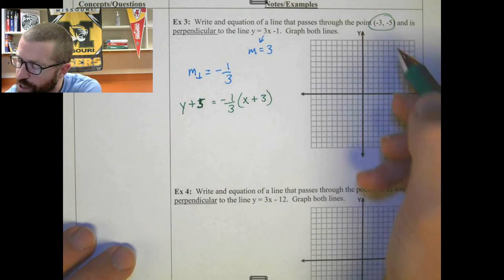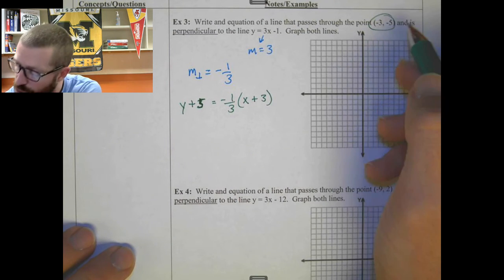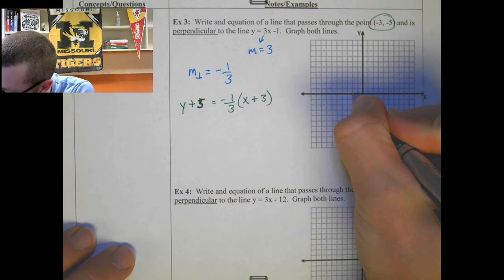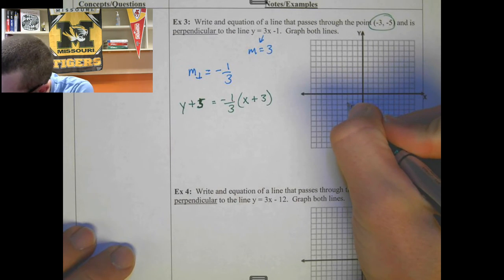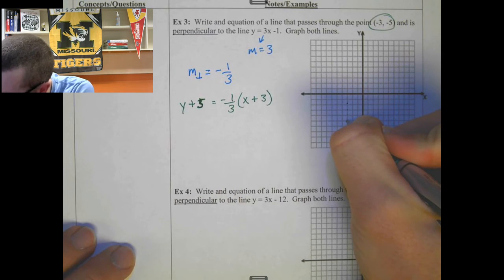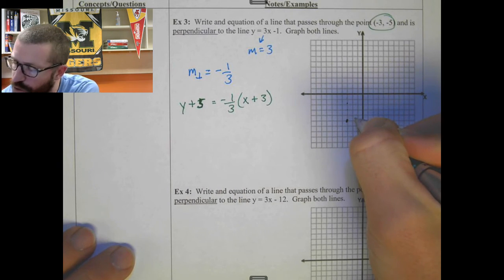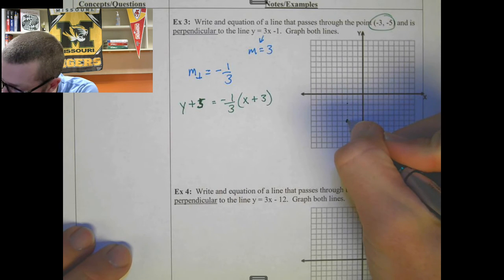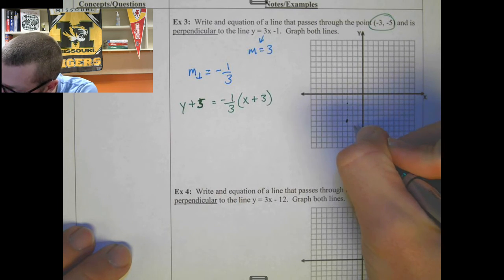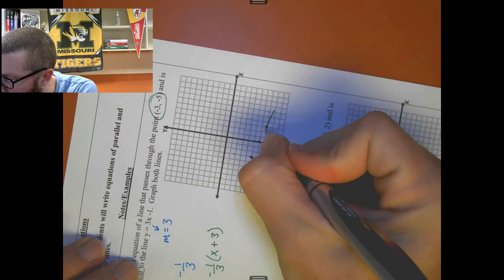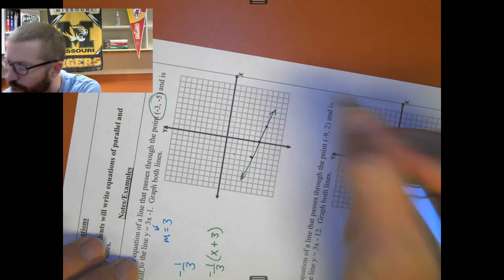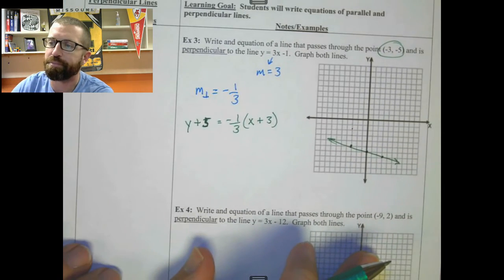To graph this line, start at the point given to you, -3, 1, 2, 3, 1, 2, 3, 4, 5, and then count off your slope. So you go down 1 over 3. We'll try to draw kind of a straight line through that.